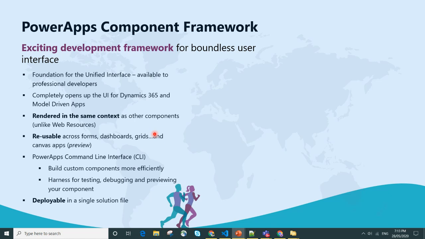It's a really exciting time to have access to new modern JavaScript frameworks, the likes of React, and being able to make your Dynamics interface as feature rich as you want, and also to be able to deploy those controls and push them through to different environments too.